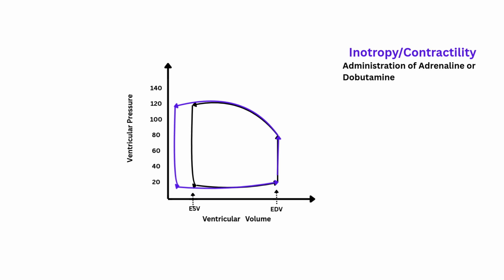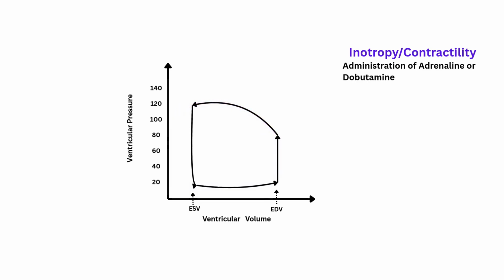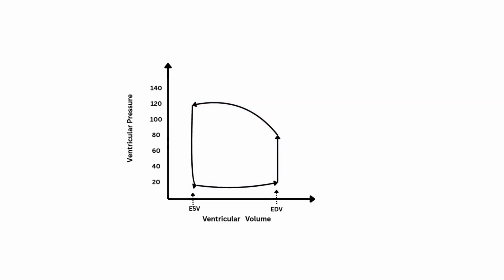Most of the blood within the ventricle is ejected during systole, leading to a smaller end systolic volume with a very large stroke volume as a result of the highly efficient contractions pumping out a significant amount of blood, making the stroke volume as large as it is. So we've spent time learning all the physiology of the pressure volume loops.